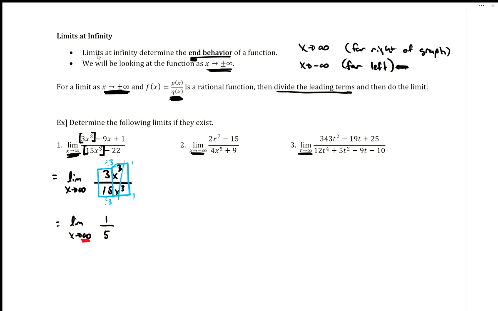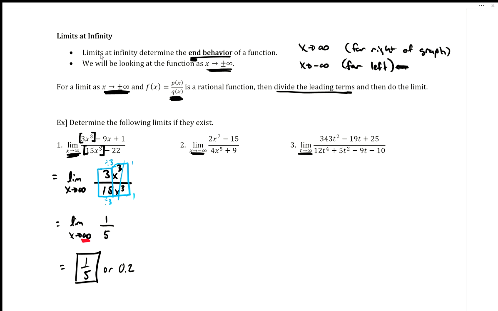There's no x, so just the leftover number is the final answer. So I'm doing the limit, there we go, it's done: 1/5. And if we wanted to, we could plug this into a calculator and look at the far right and see what the number becomes as the y-coordinate. It would become 1/5, or in a calculator, probably 0.2 as a decimal. So that's a way to double check.